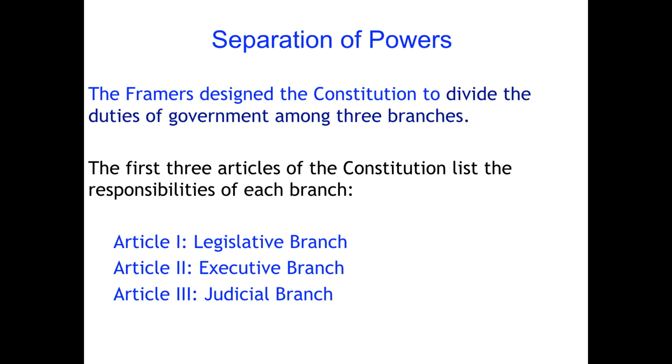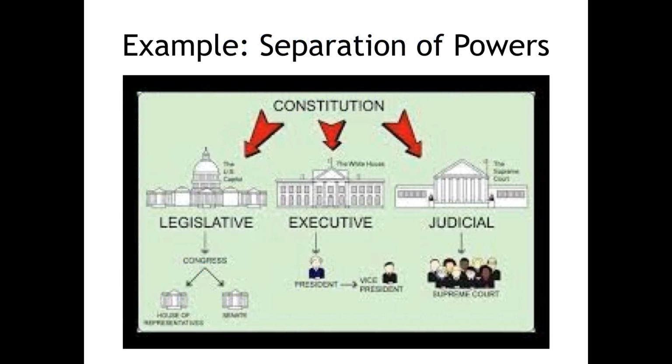You kind of know where these are. So an example of the separation of powers is that the legislative branch produces legislation, has a bicameral legislature, House of Representatives and a Senate that have very different rules, and even between the two bodies in the legislative branch, they operate very differently.